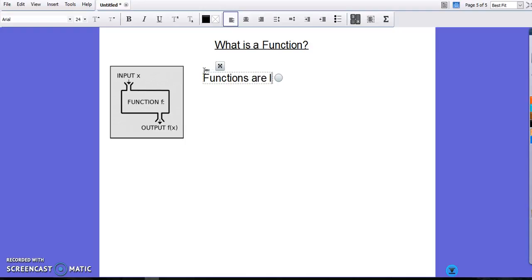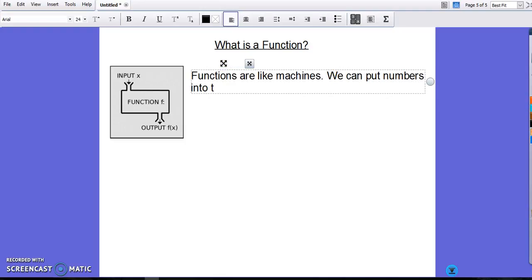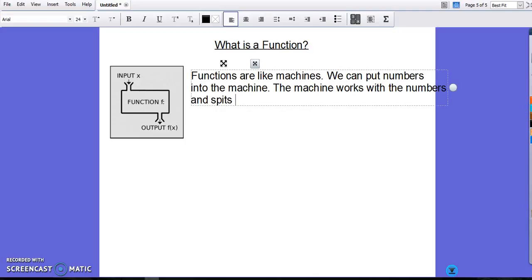Functions are like machines. We can put numbers into the machine. The machine does something to the numbers, so works with the numbers, and spits out another number, or it could of course be the same number.